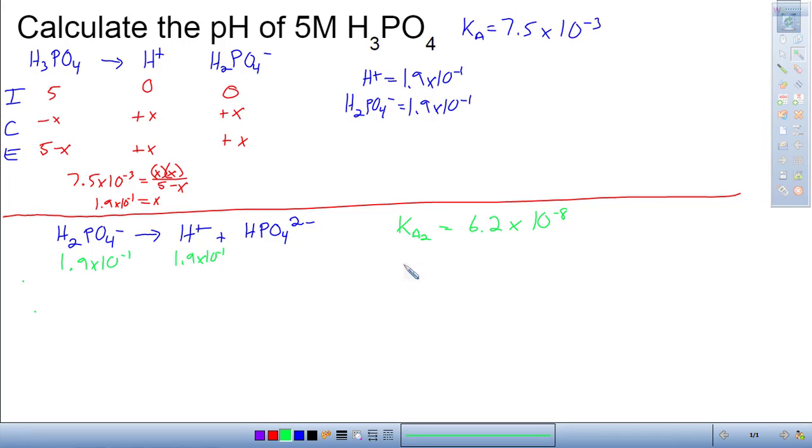Let's just solve for Ka as it is. So I'm going to do my product, times my unknown, divided by my reactant.